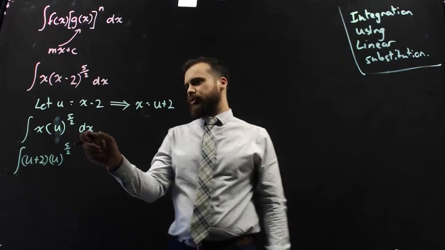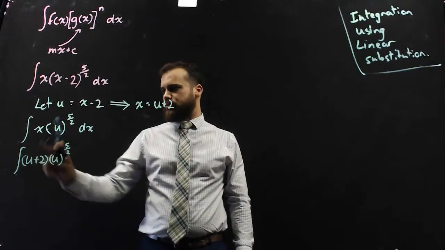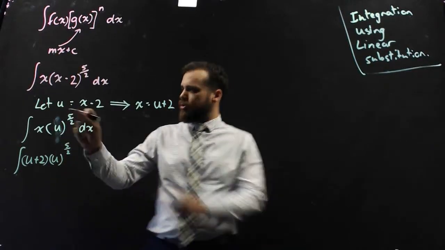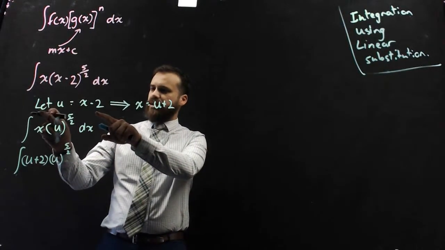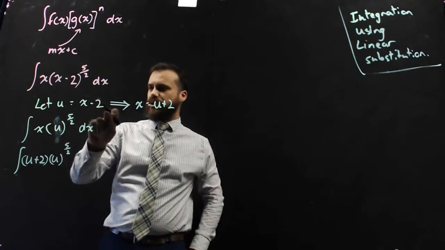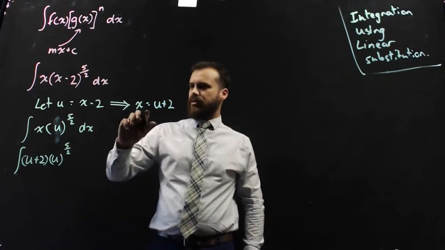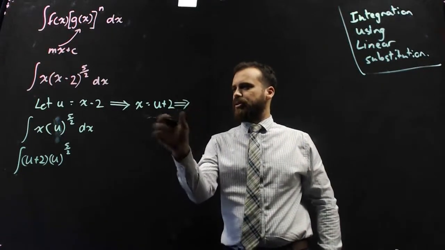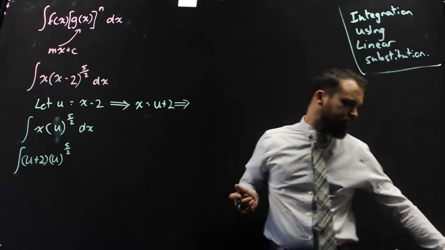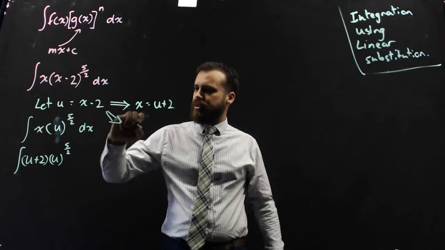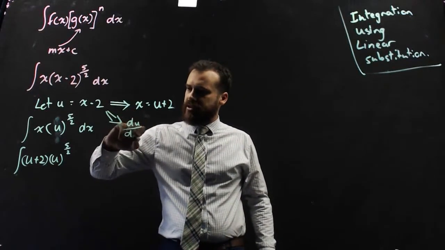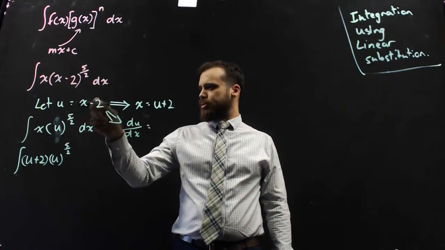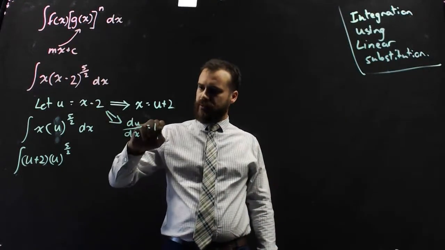And then we don't really want a dx on the end either, because we're integrating with respect to u. So using the same information, let u equal x minus 2, we can say the derivative of u with respect to x equals, now the derivative of x minus 2 is just 1.